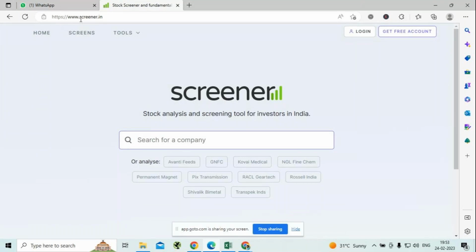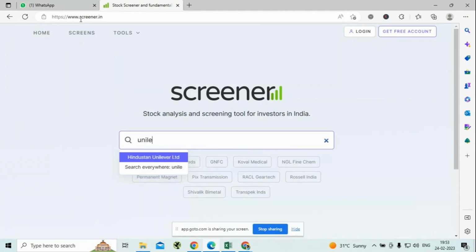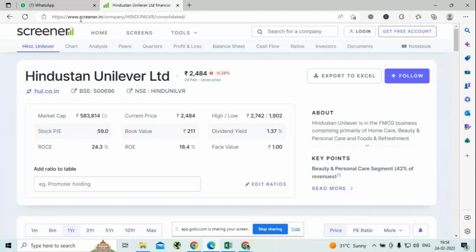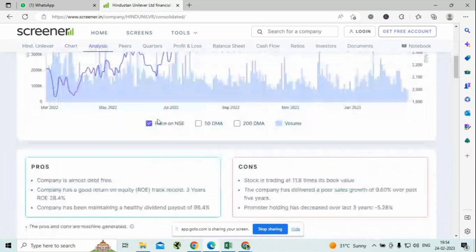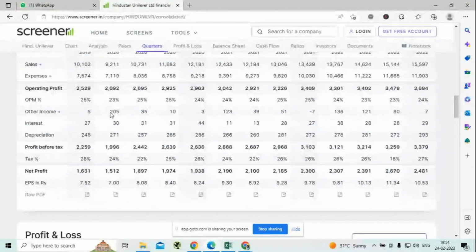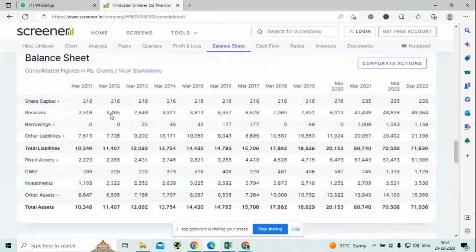For example, let me take the Unilever company, Hindustan Unilever Limited. You can see its present stock value. You can also see its quarterly results, profit and loss account report, balance sheet and cash flow.